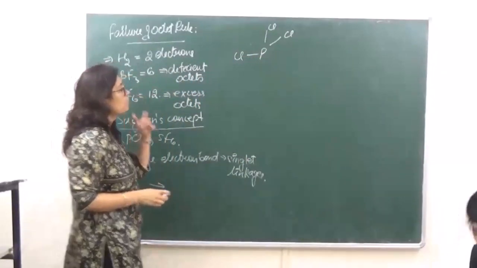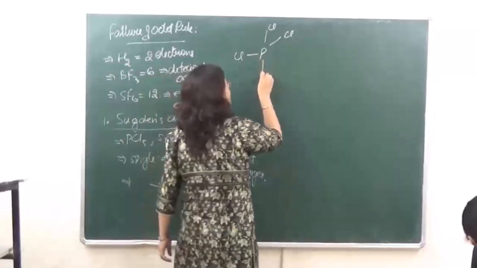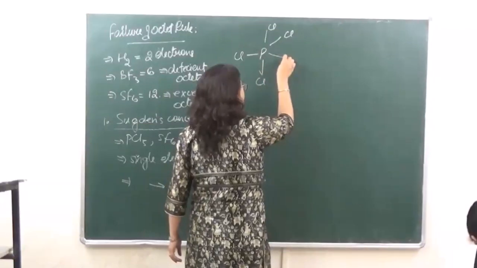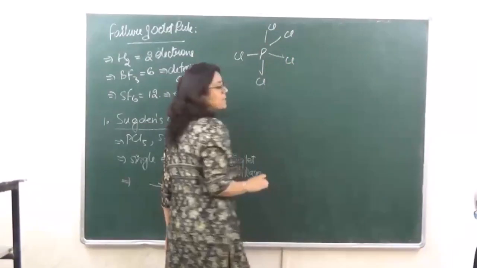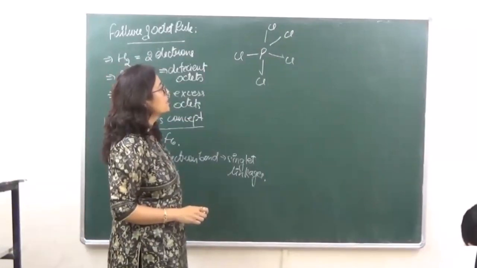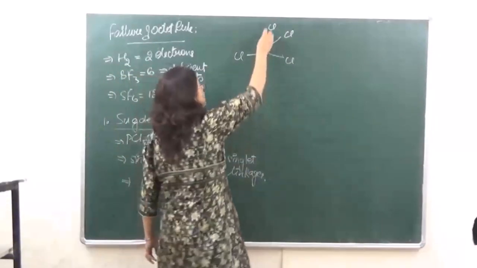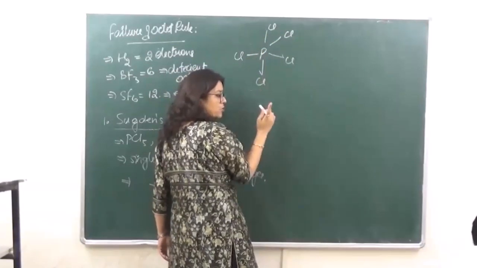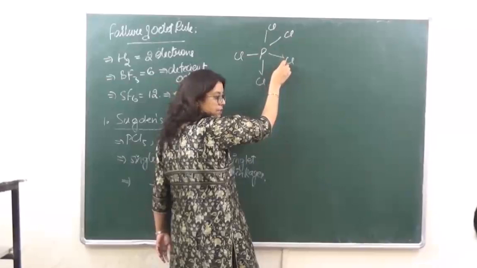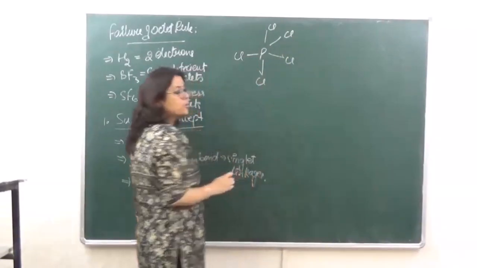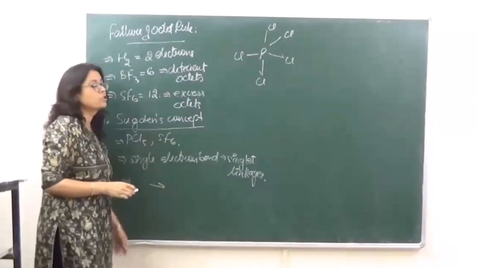And the 2 bonds which are formed over here, these are the singlet bonds, which are represented like this. Now if you count the total number of electrons surrounding phosphorus, they are going to be 1, 2, 3, 4, 5, 6, 7, only 1 electron is there, and 8. So over here there is a singlet linkage which is formed according to this theory.